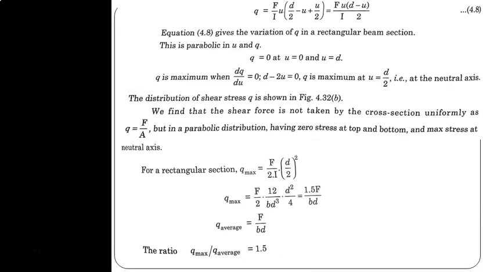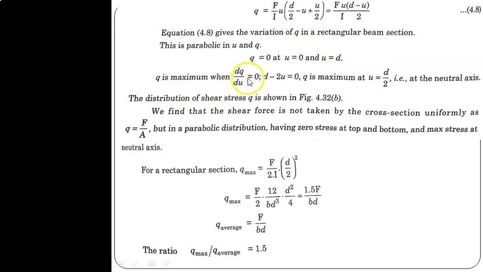So this equation gives the variation of q in a rectangular beam section, and this is parabolic in u and q. Because by multiplying this u, that is the distance of the fiber at which the shear stress can be found, or the sheared area depth, when it is multiplied in this section, it becomes u squared. Therefore we are obtaining the parabolic variation of the stress distribution.